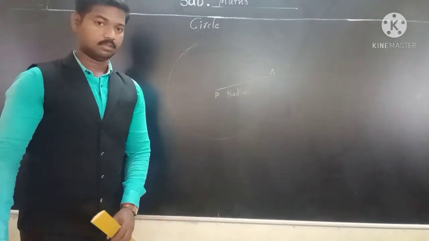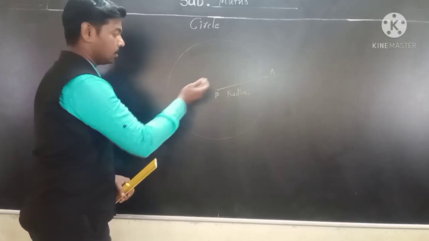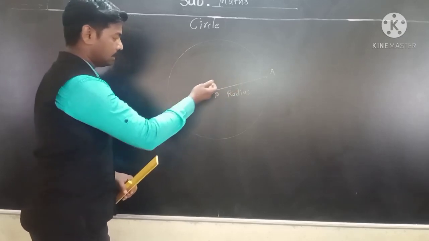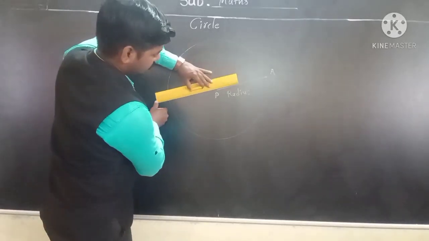Okay, so it is radius. If we extend AP, we will meet the same line on another point on the circle, you will see here. So it is AP.